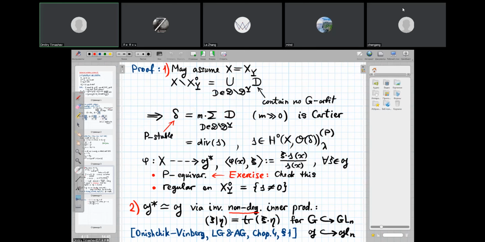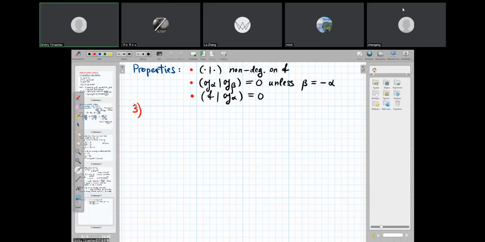And this lambda is a weight. It can be viewed as a linear function on the Lie algebra of T. And this is identified by the inner product with the Lie algebra of T itself.